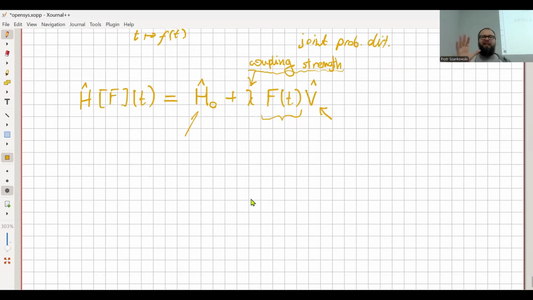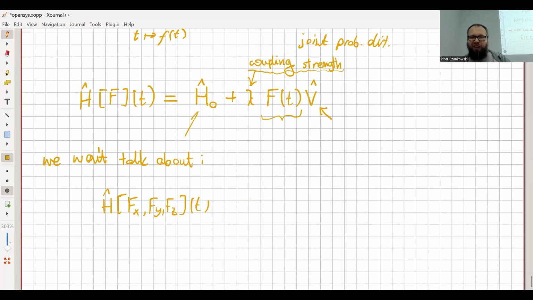So this is a specific choice. In particular, we won't be talking about more fancy stochastic Hamiltonians. We won't talk about, let's say, a Hamiltonian that actually depends on a couple of stochastic processes.